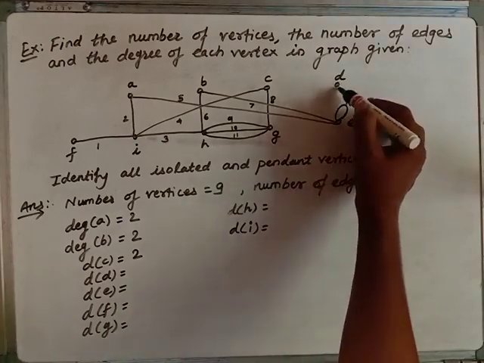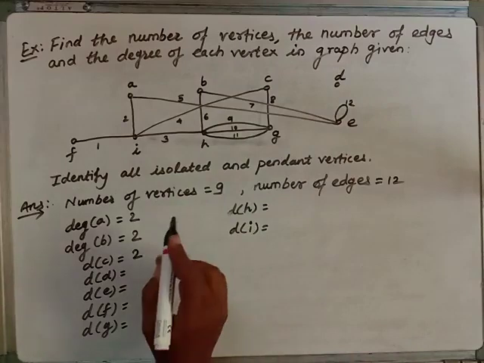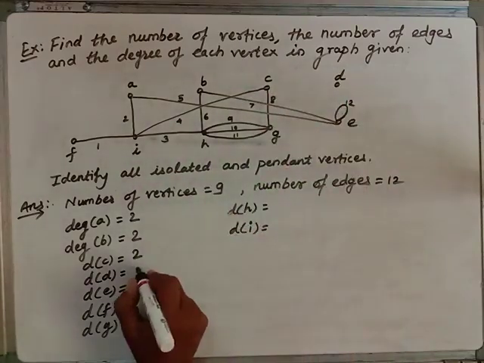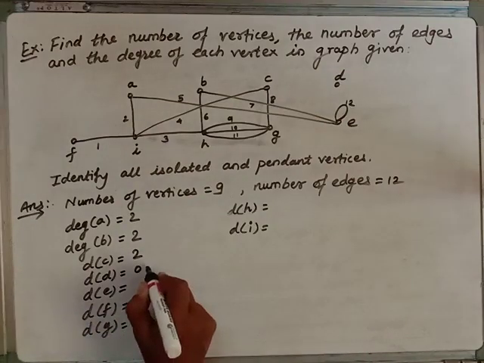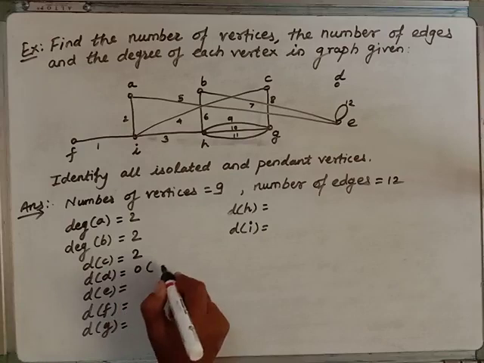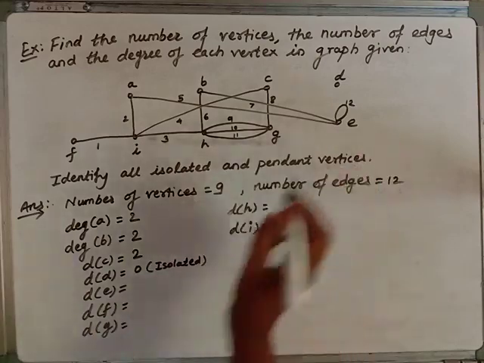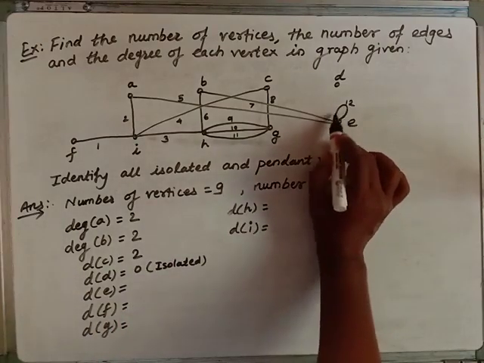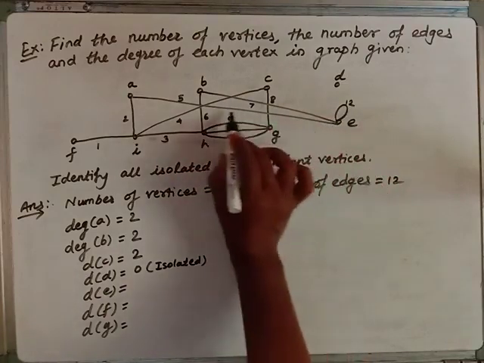Now what about D? D is not connected to anyone. So degree of D is 0. As its degree is 0, it is isolated. It is an isolated vertex. What about degree of E? Look at this E. This is one self loop, this is another edge and this is one more.